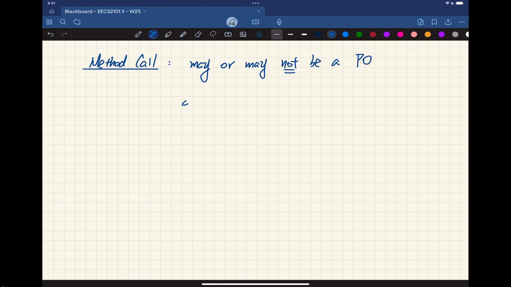So let's say I write obj.n, where n is the method being called. Should it be considered a primitive operation? It really depends. Case number one: n should be considered a primitive operation. I'll give you a conceptual sketch.